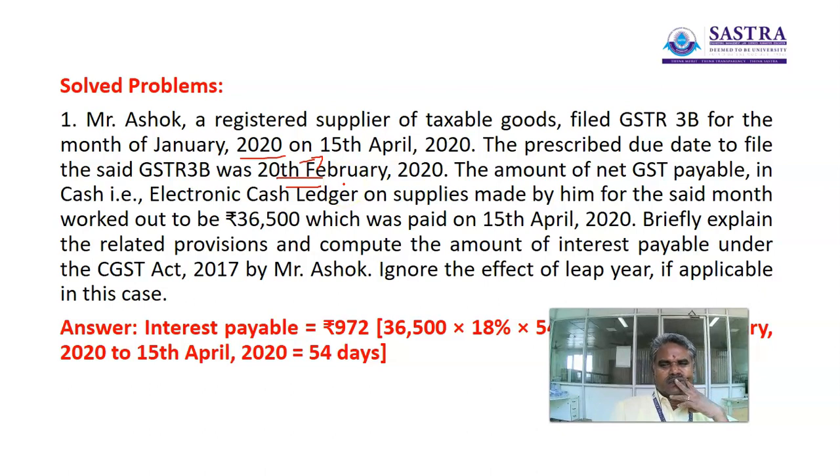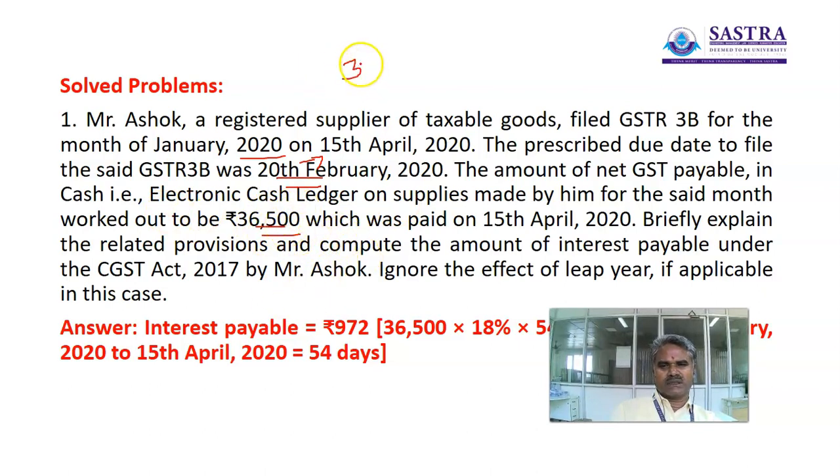Since the due date is 20th, you calculate the number of days from 21st February. So totally 54 days will come. The amount of net GST payable in cash, in the electronic cash ledger, for supplies made by you for the same month is 36,500. So you have to charge interest on that amount.